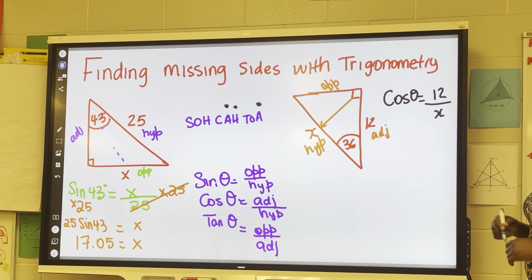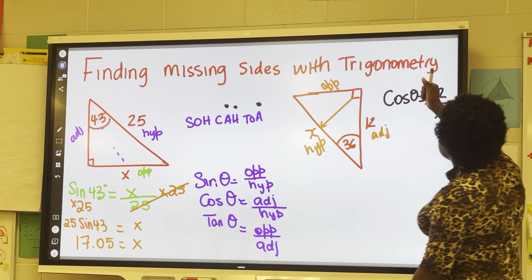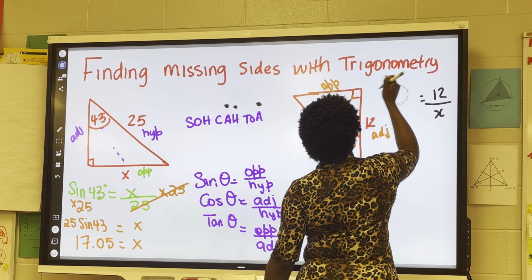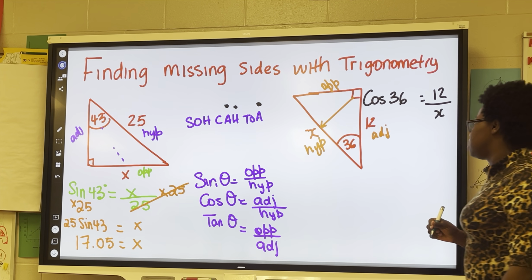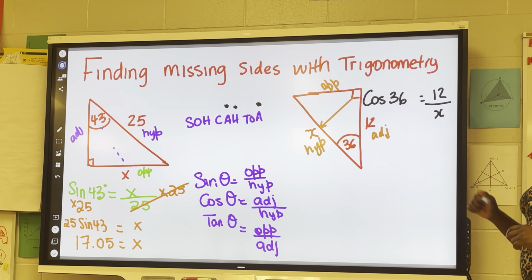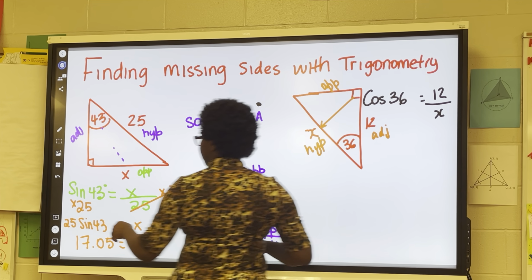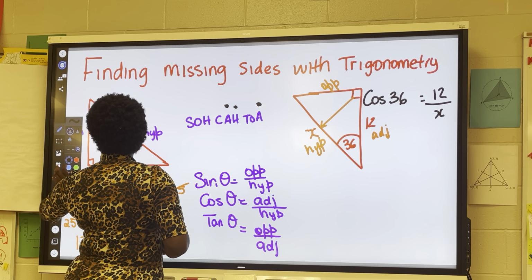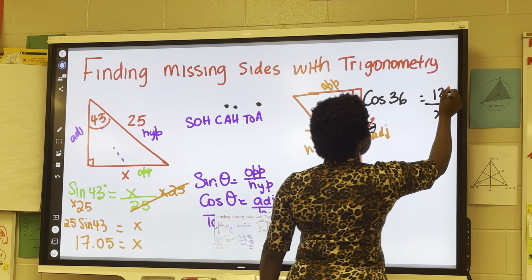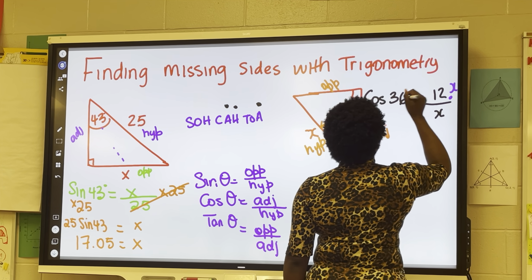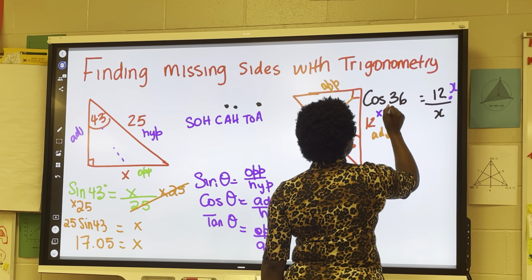Now we need to find the value of x. Since I was given an angle, I'm going to put the angle right here. So the cos of 36 is equal to 12 over x. To find the value of x, you first have to make x the subject. So I'm going to multiply both sides by x to cancel the x from the denominator.